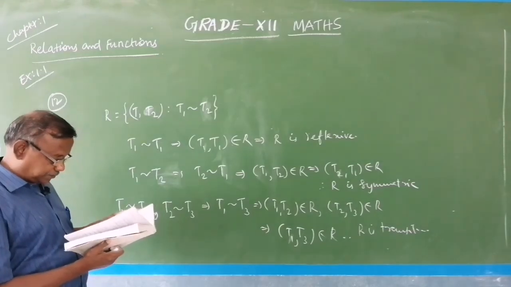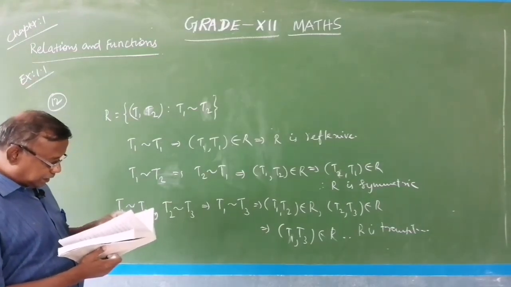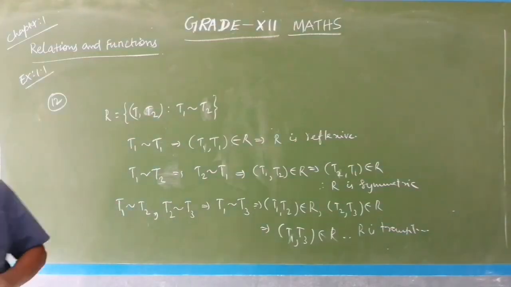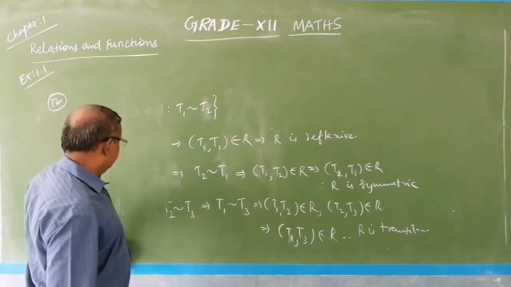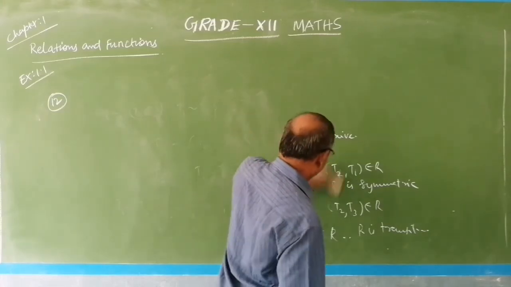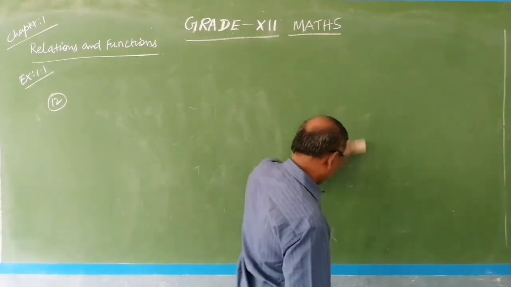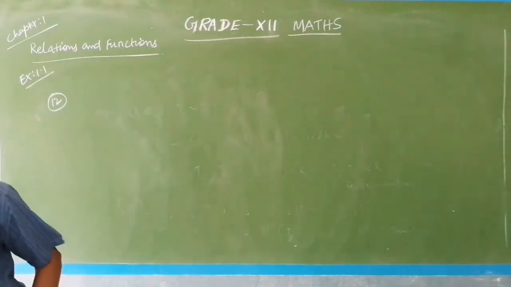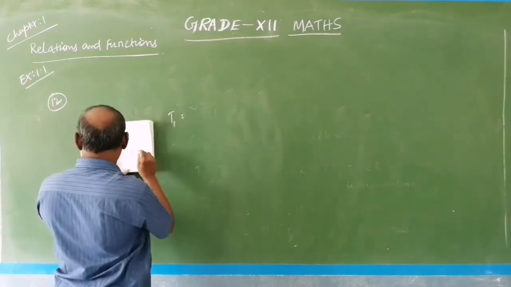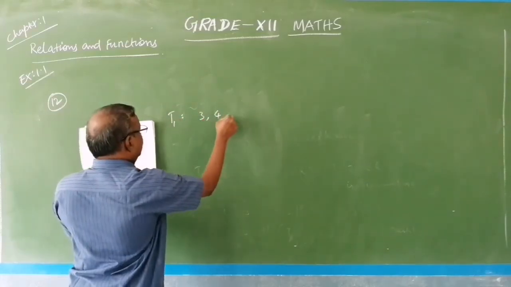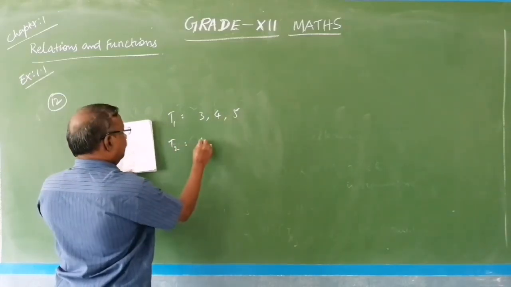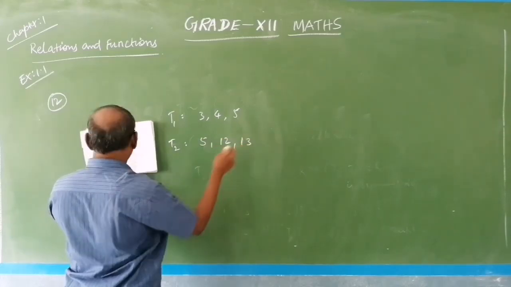And further they asked, with the sides 3, 4, 5 for T1, and for T2 the sides are in the ratio 5, 12, 13.